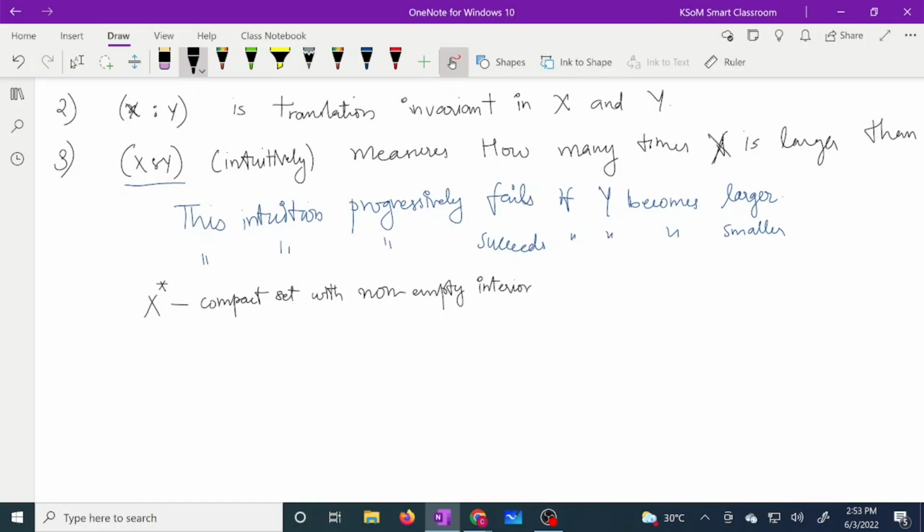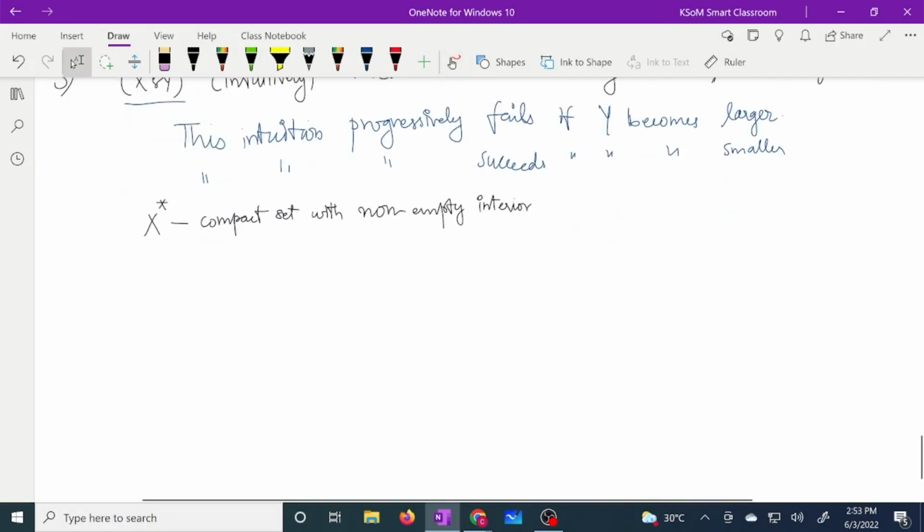Fix this compact set, and for every open set V, where U and V are open sets, we are on the same page on that.